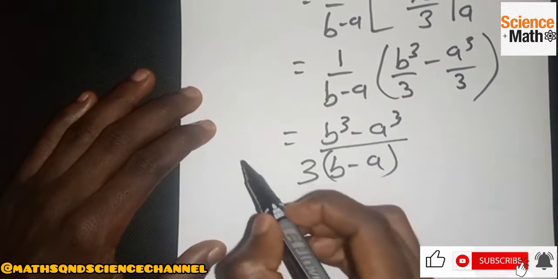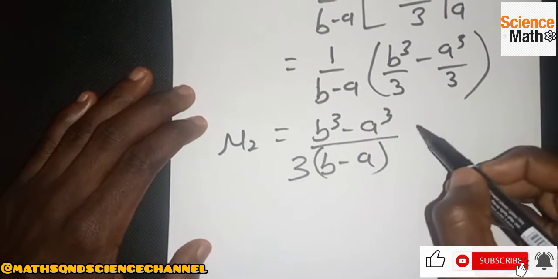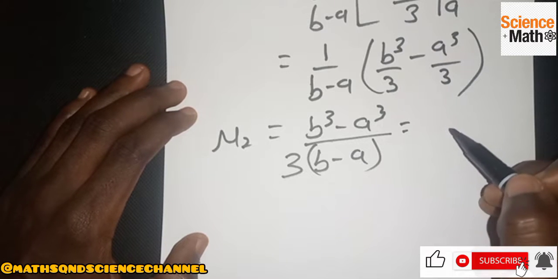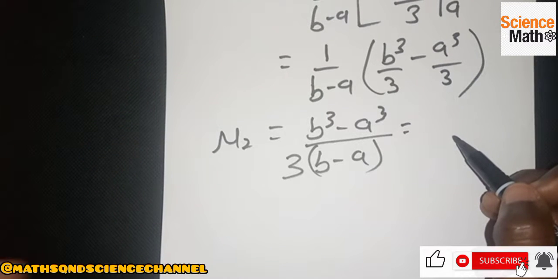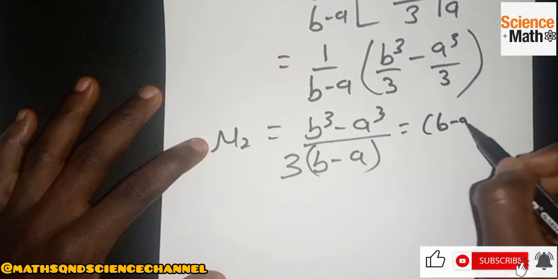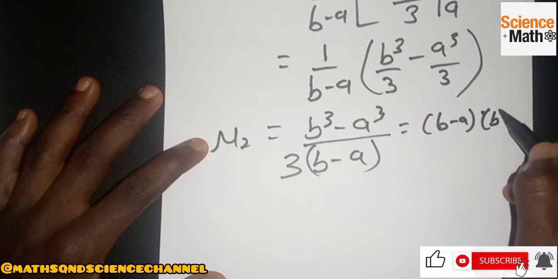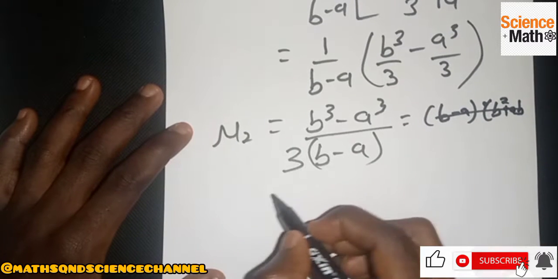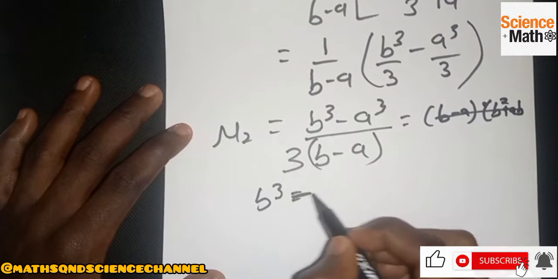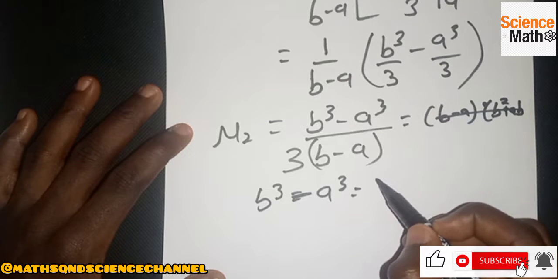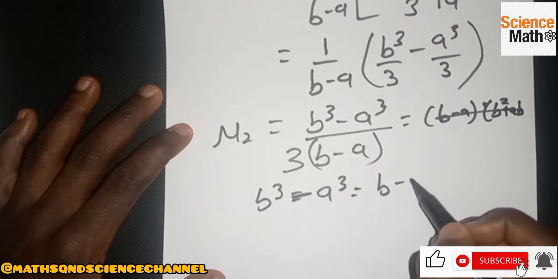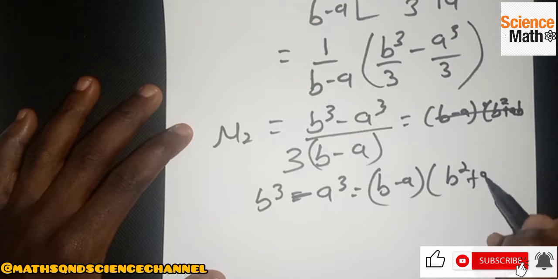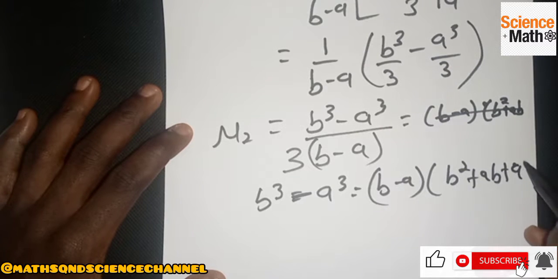So let's call this one mu2, and then again b cubed minus a cubed comes from expanding b minus a multiplied by b squared plus ab plus a squared.